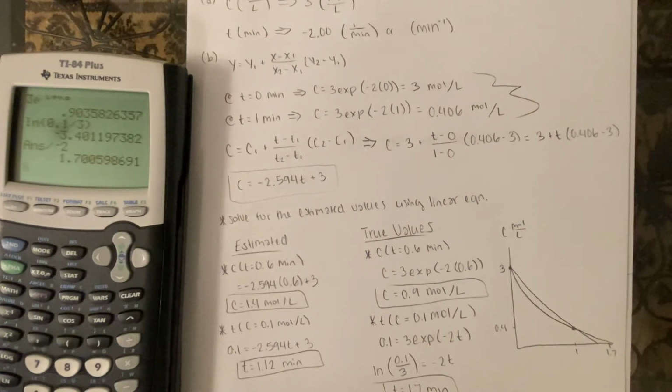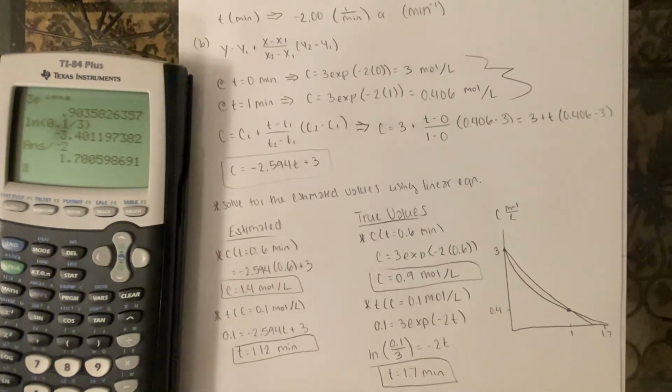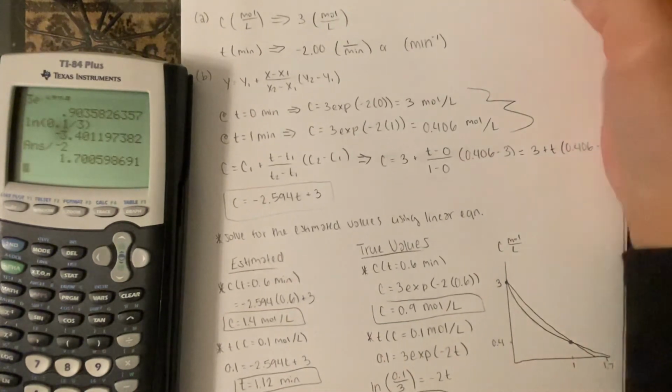They're really close to each other, and it's not going to be numbers of magnitude off, but there is going to be some error when you are using this interpolation in order to estimate values, specifically when you're doing this for an exponential function.